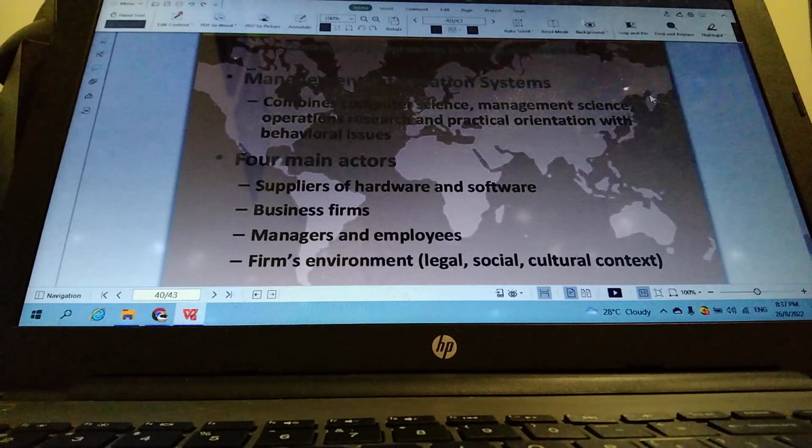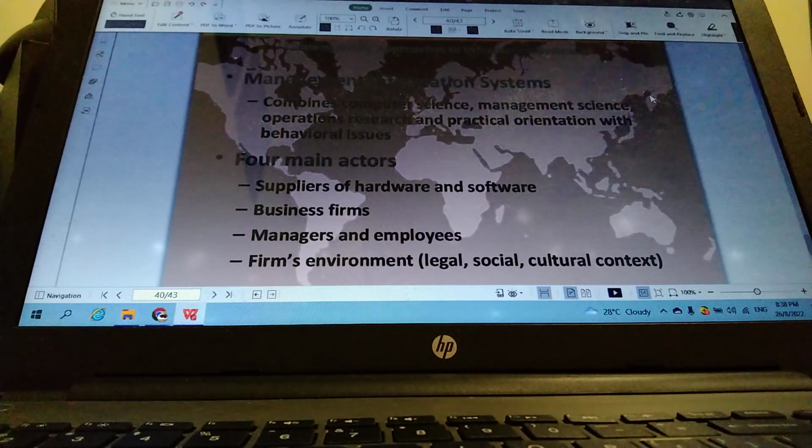We have suppliers of hardware and software, one of the very critical actors, because nowadays many firms or companies opt for outsourcing instead of having their own internal IT department. They are going for an option to outsource the entire support for the IT system, for many reasons, which we are not going to discuss here.